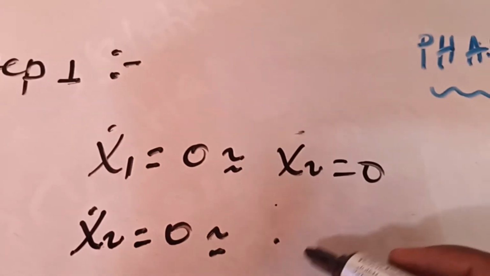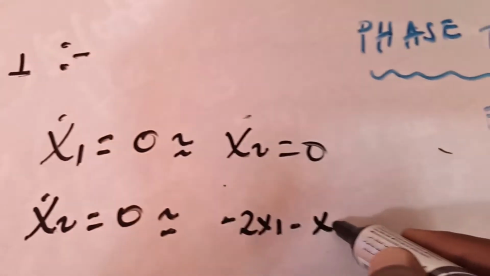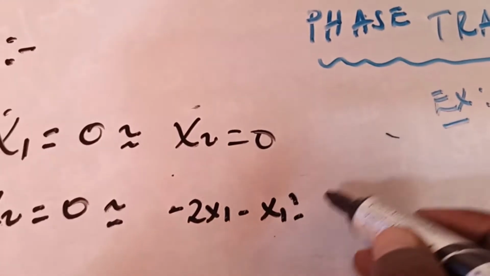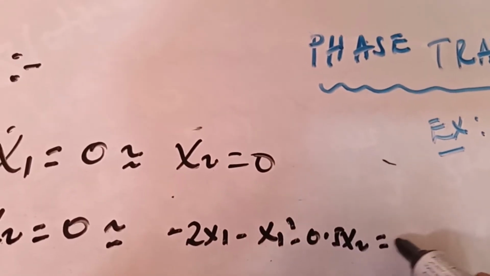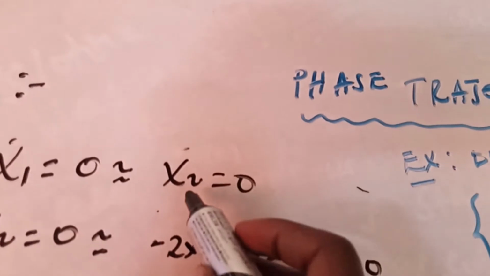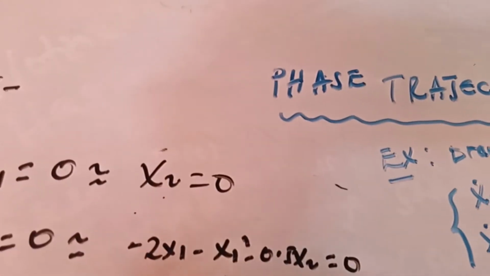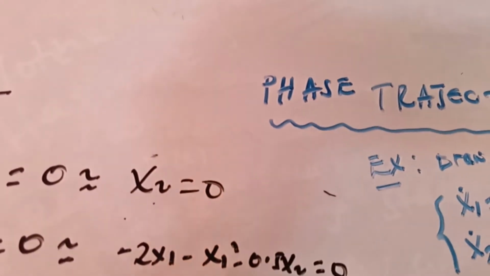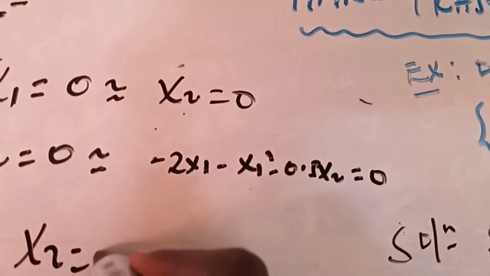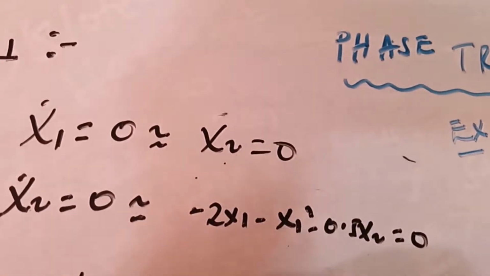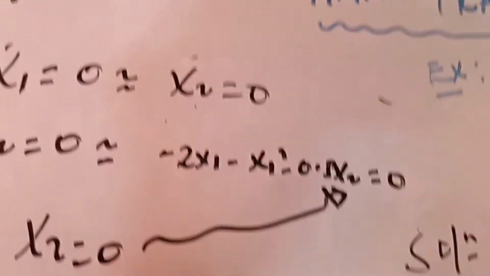So minus 2x1 minus x1 square minus 0.5 x2 equals 0. Here x2 is 0, so we have to insert the value of x2 equals 0 in here.